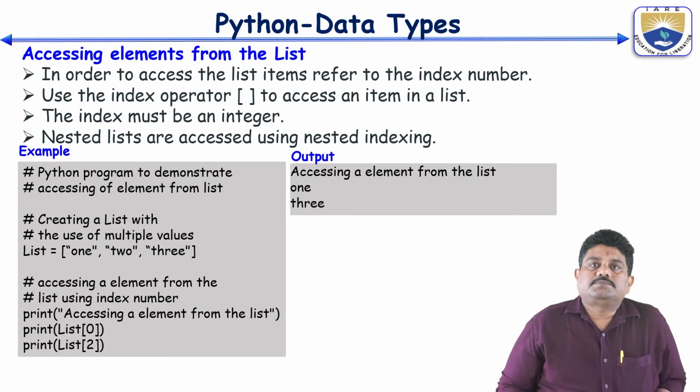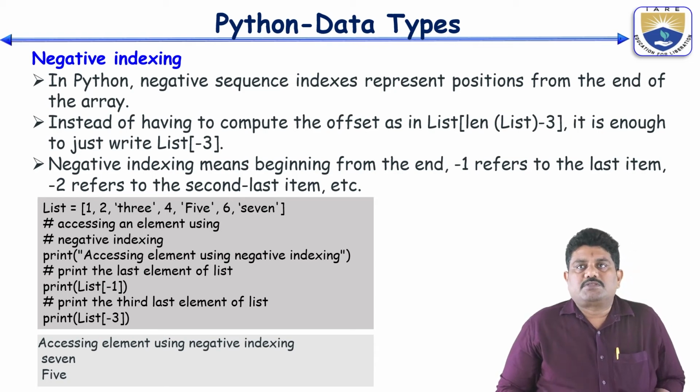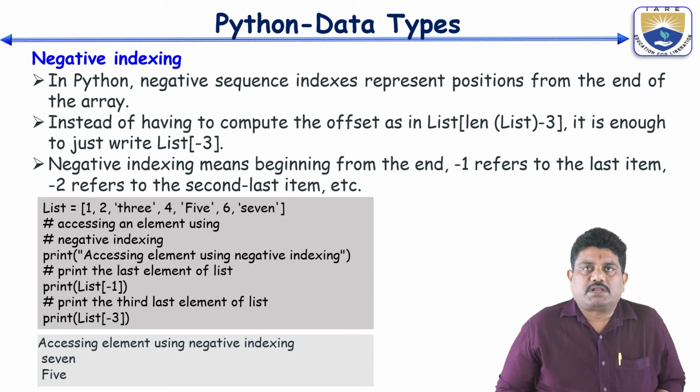Next, moving on to negative index. Negative indexing means beginning from the end: -1 refers to the last item, similar to how you access the characters from the end of a string with negative indexes. Similarly, in the case of a list also, you can access the list items from the end with negative indexes.